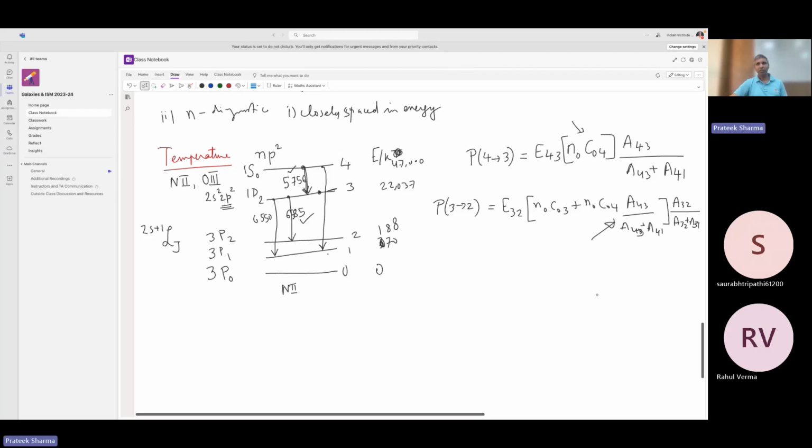So if you take the emissivity ratio J4 to 3 over J3 to 2, this is equal to A43 E43, just taking that ratio and simplifying, divided by A32 E32 times (A32 plus A31). These are all atomic physics parameters which we know.